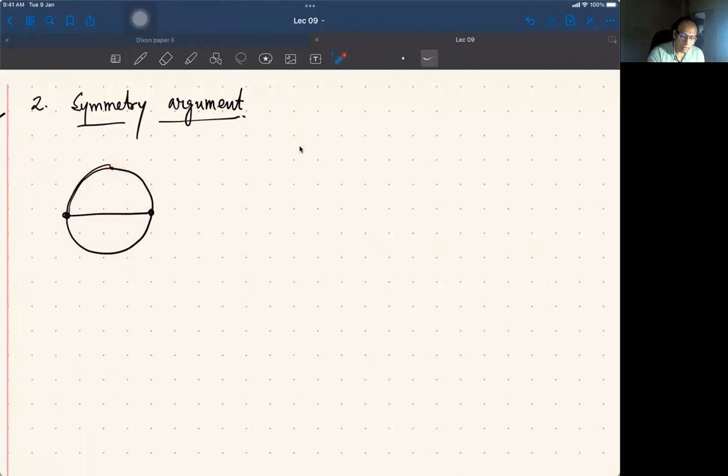And of course, if you interchange the 2 vertices, then also the diagram doesn't change.